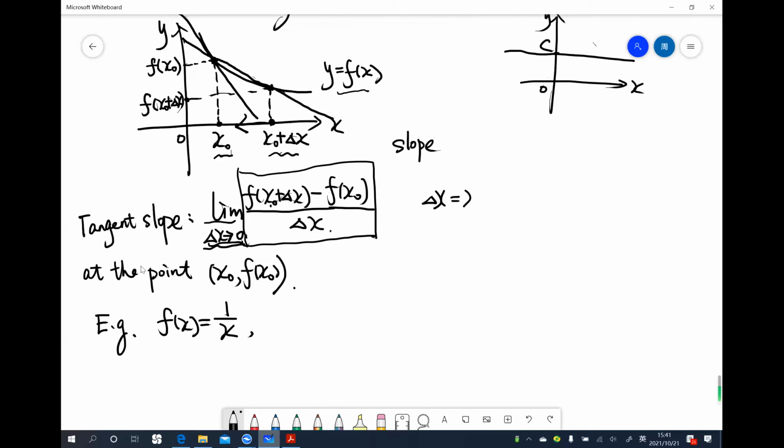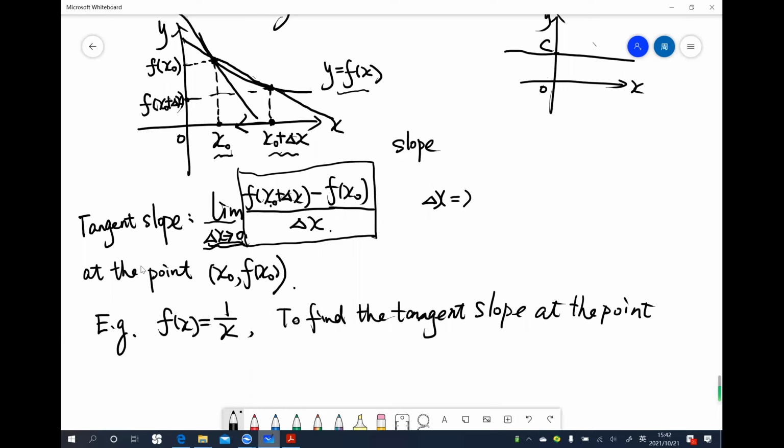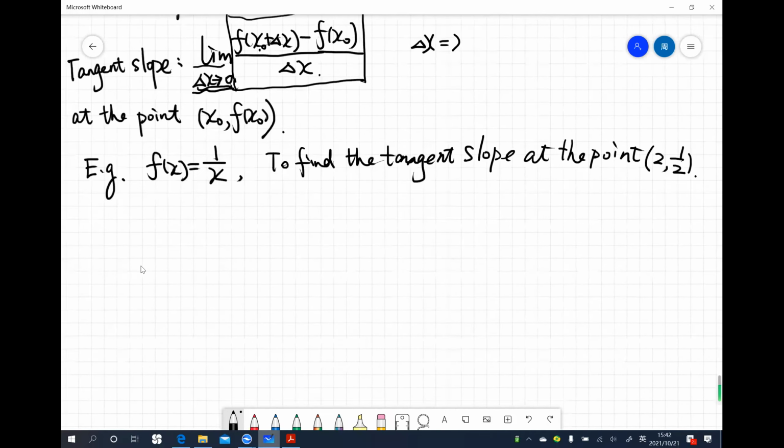So now I want to find the tangent slope at the point 2, 1 by 2. To find the tangent slope at the point 2, 1 by 2.